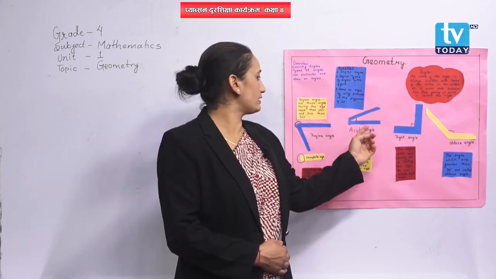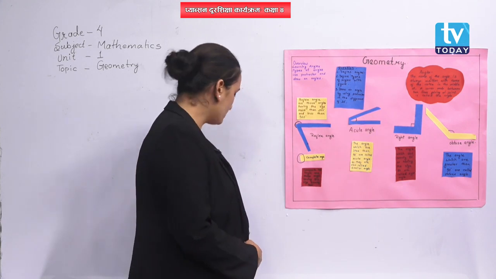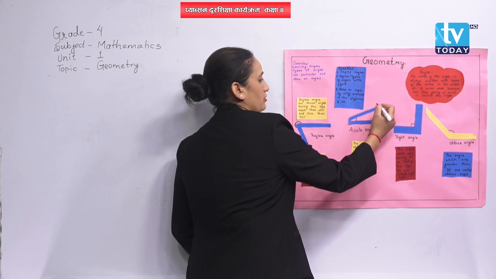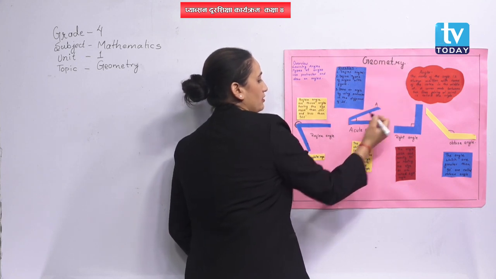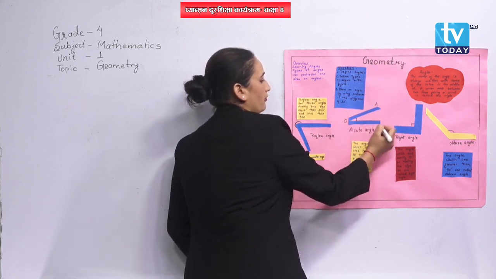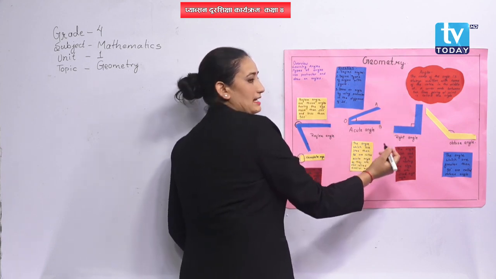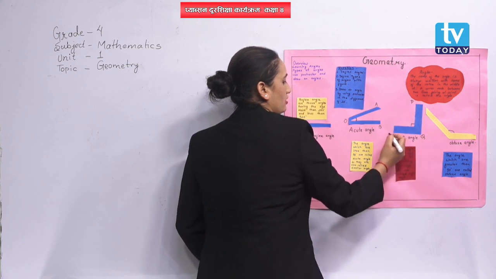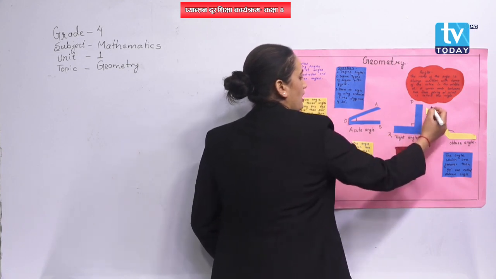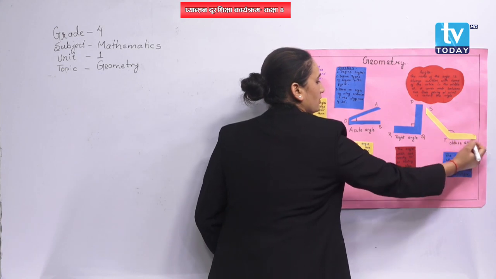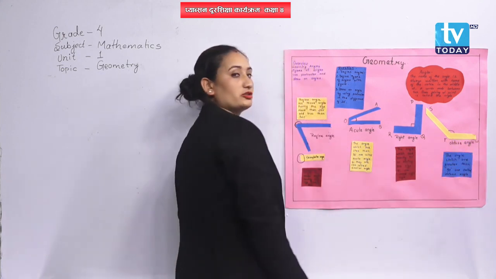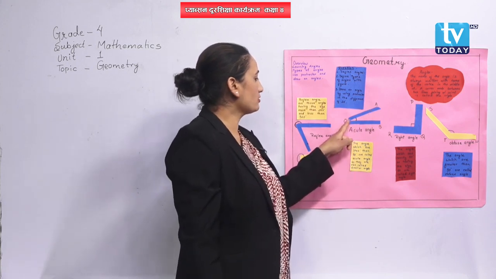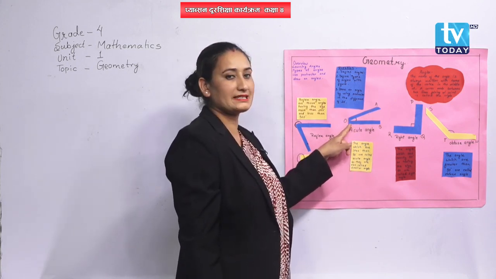So we can give the name of this angle by the sides with capital letters. We can write here A, O, B, or we can write P, Q, R, or S, T, U. Do you understand? The middle one, where the point is, only a single point is there.